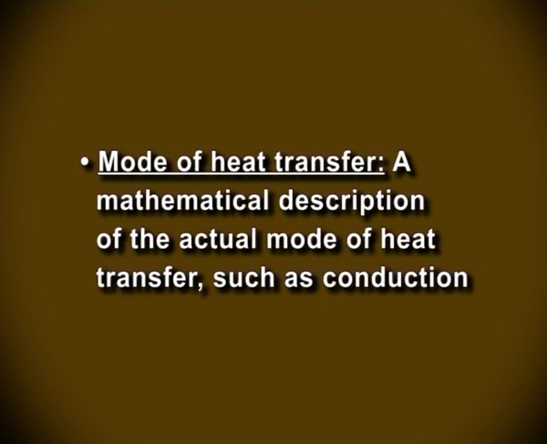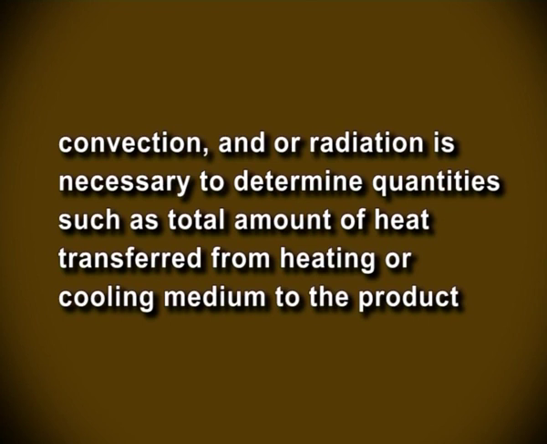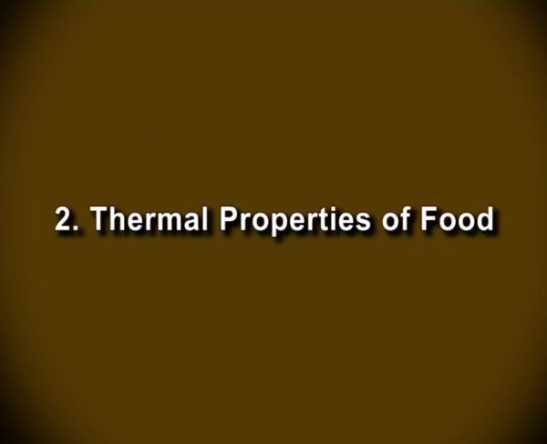Mode of heat transfer, a mathematical description of the actual mode of heat transfer such as conduction, convection, or radiation, is necessary to determine quantities such as the total amount of heat transferred from the heating or cooling medium to the product. Section 2, Thermal properties of foods.